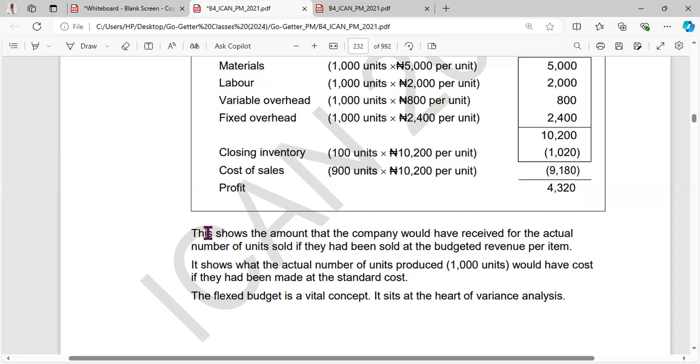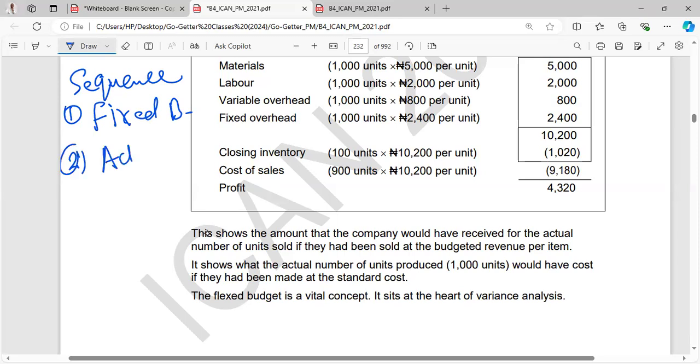Now, look at it now. This is the sequence. First, you made a fixed budget. So that's what happened at the beginning. The second, you get actual result.